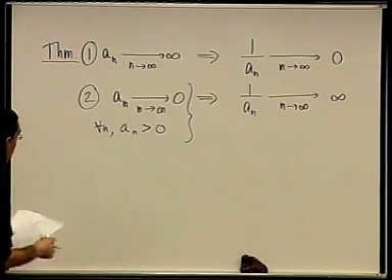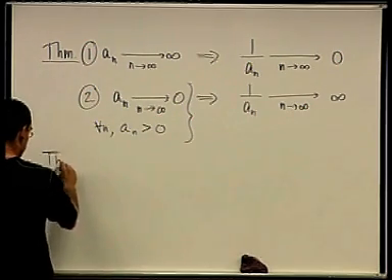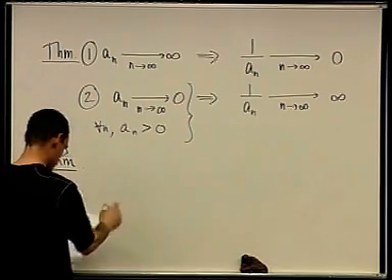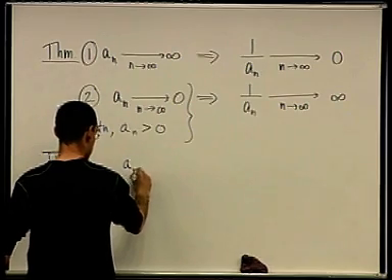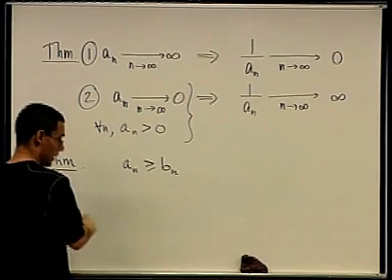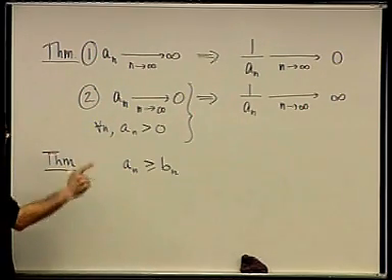Yeah, and maybe just one last theorem. The Sandwich Theorem. If a_n is greater than or equal to b_n, and the limit of b_n is infinity, then what can we say? Then the limit of a_n is infinity. This is the Sandwich Theorem at infinity.